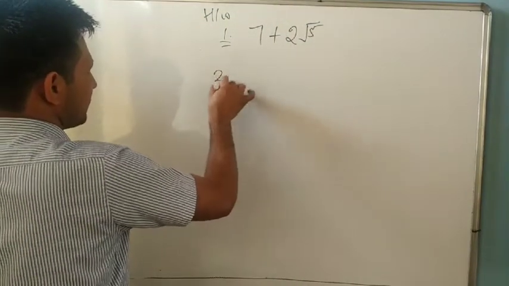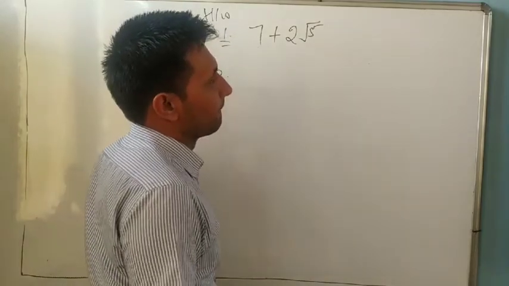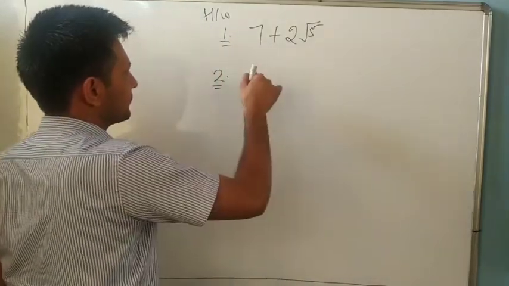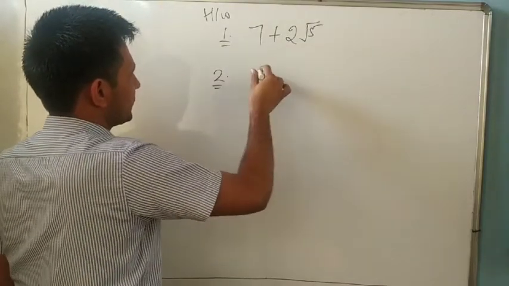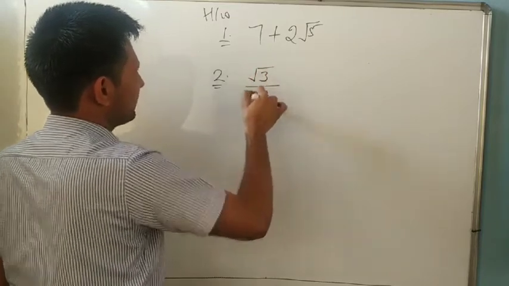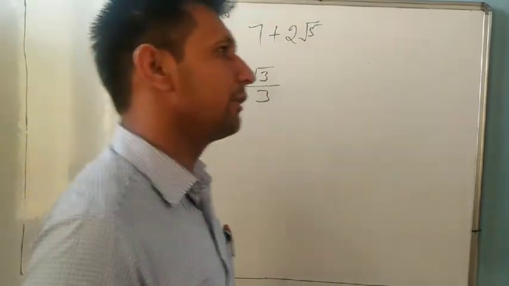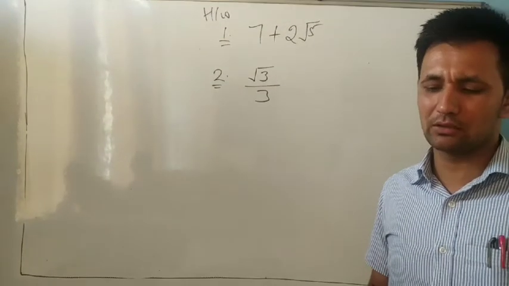Next, prove that root 3 divided by 3 is also irrational. You have to do these two extra questions for homework.